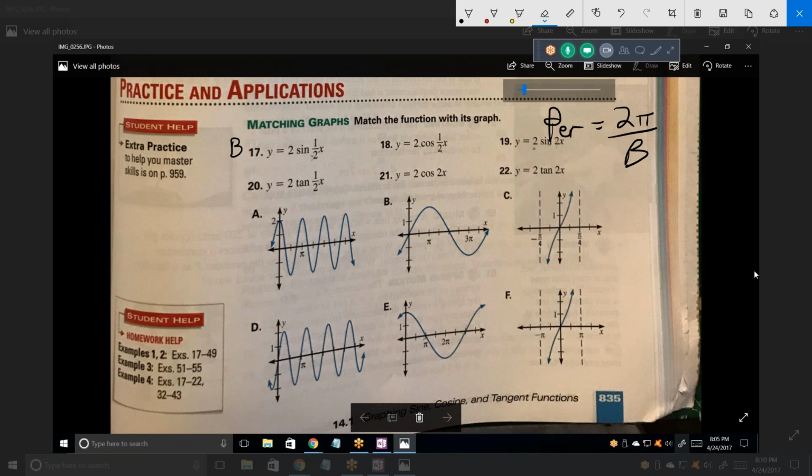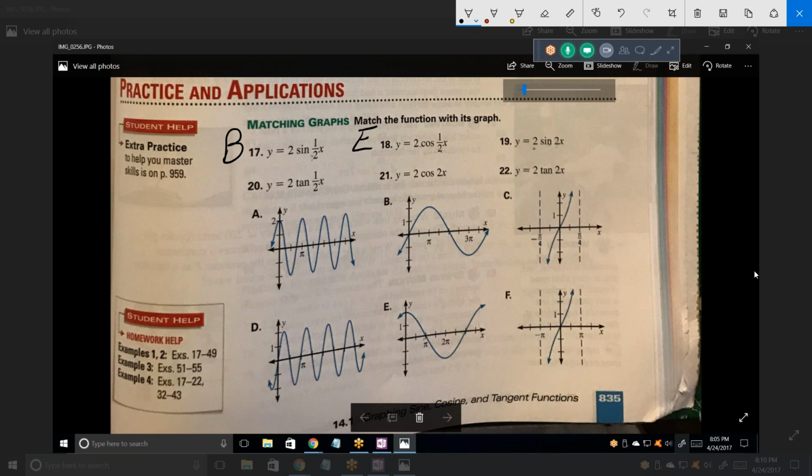This is a cosine curve, and it has a period of 4 pi. So E goes with 18. So B and E.